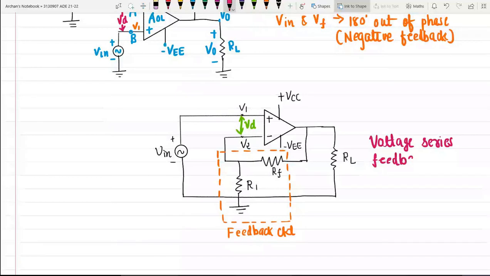So inverting amplifier can be called as voltage shunt feedback amplifier, and non-inverting amplifier is also known as voltage series feedback amplifier. So this is our typical circuit diagram.